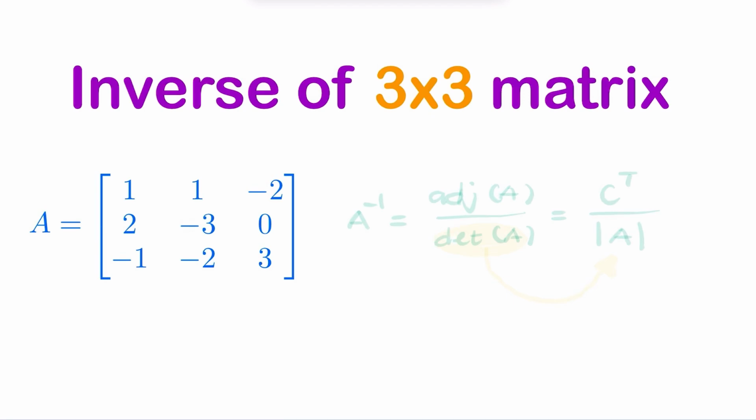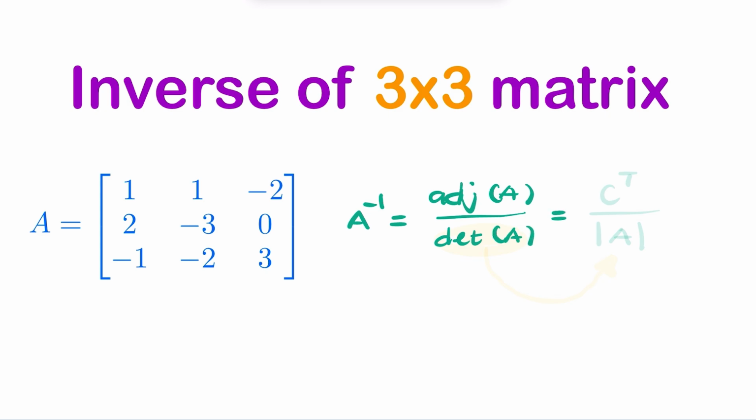When faced with a square matrix, if we're looking for the inverse of the matrix, in general, what you would do is find the adjoint of the matrix and divide it by the determinant of the matrix.